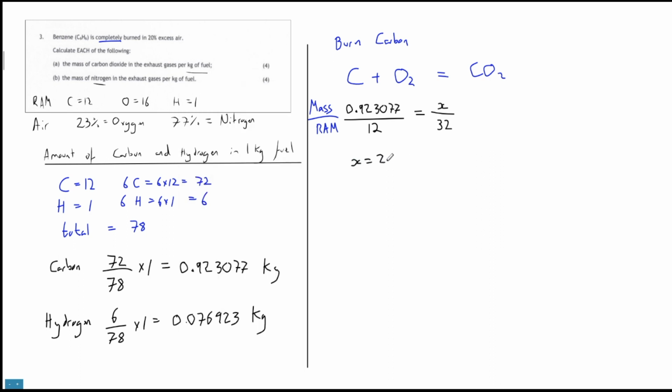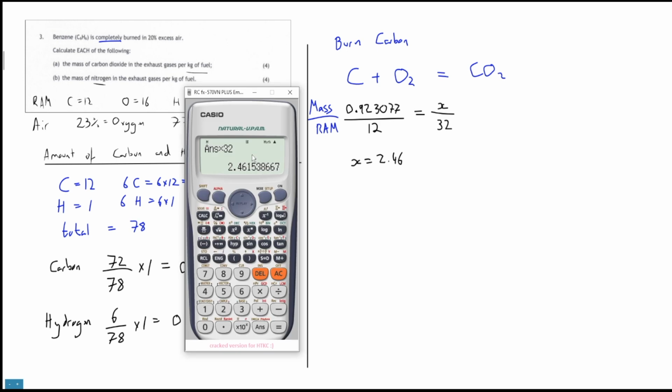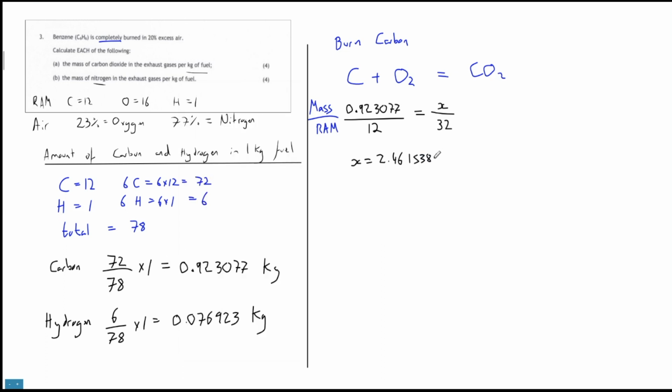So X is equal to 2.461538 and a bunch of 6s. We'll call it a 7 probably. All right. So this is how much, we're going to say kg of oxygen. And that's how much oxygen we need to burn all the carbon in 1 kilogram.